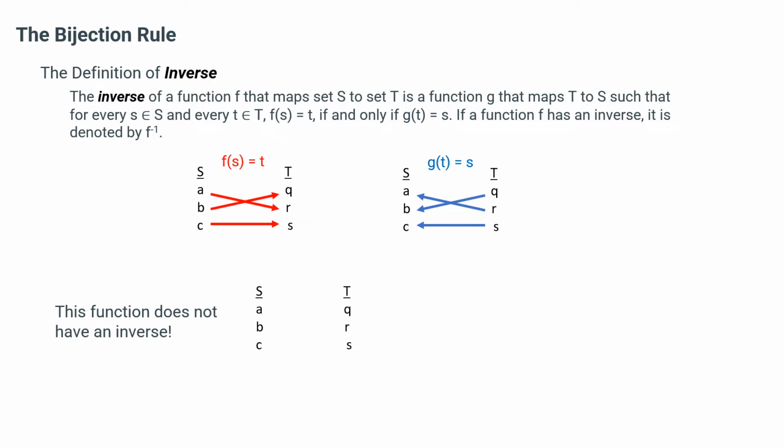Now here's another example, though, of a function that would not have an inverse. So if we had a function f where A mapped to R, B mapped to Q, and C also mapped to R. Remember, we can consider that a function because we don't have some element in the domain that is mapped to two different elements in the range.